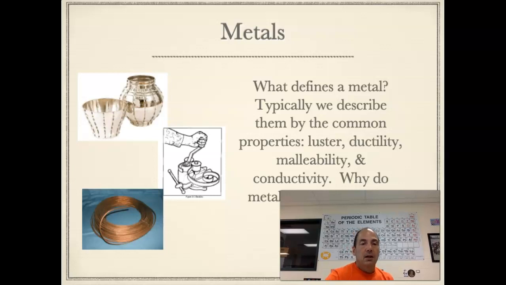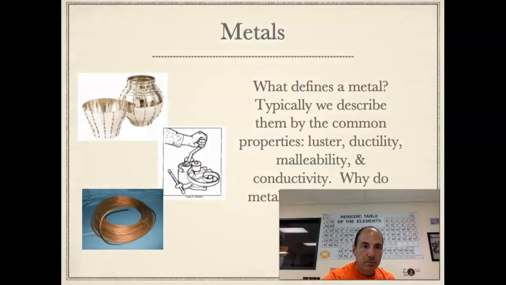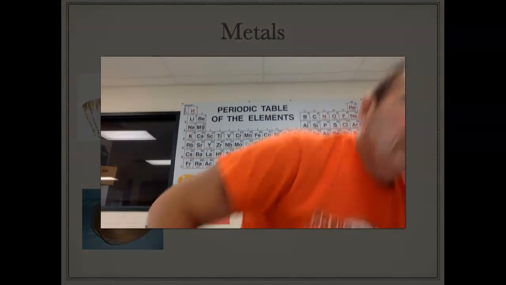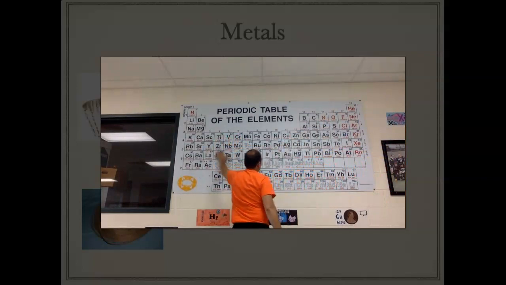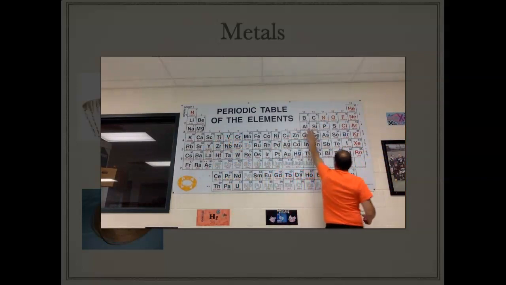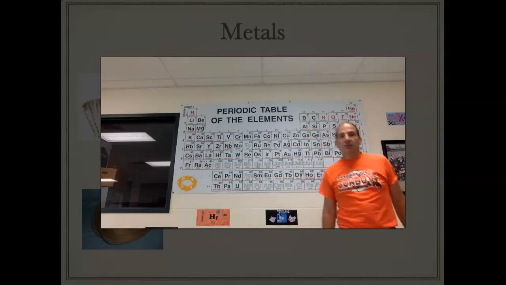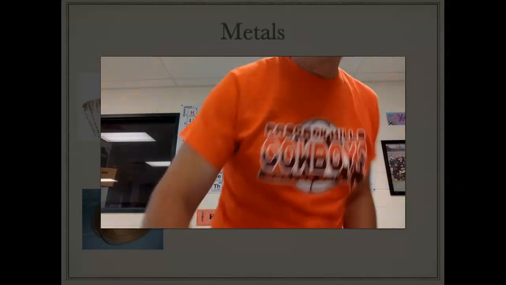So if we were to go back to the periodic table, actually, let's just jump to the big periodic table. All of the elements up to around here are metals. Let's jump to another picture just to make it a little bit easier to talk about that.